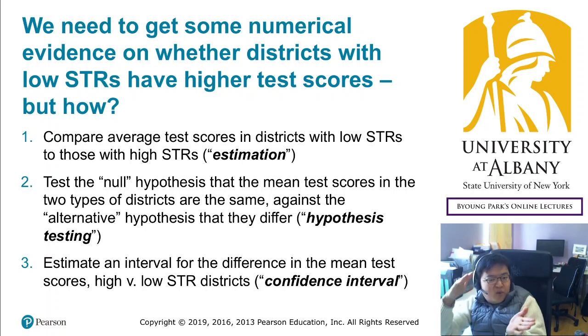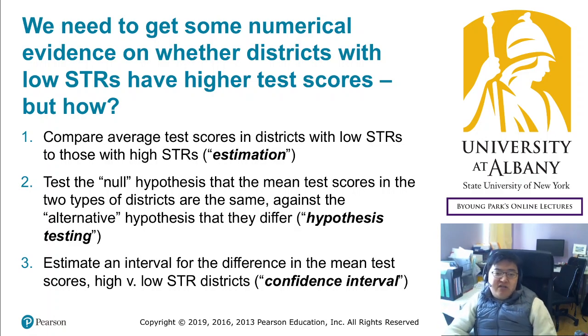Then the 10 to 20 points is referred to as the confidence interval. You are confident that the difference lies between these two points. When I taught 320, I bundled estimation and confidence interval as one chapter. Basically they're the same thing, estimating by one point or by an interval.